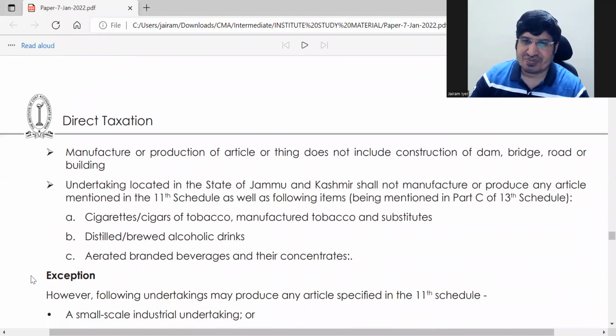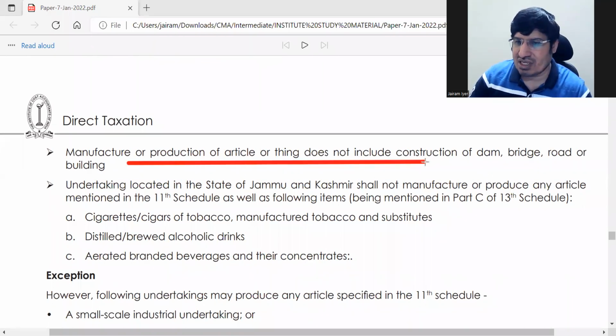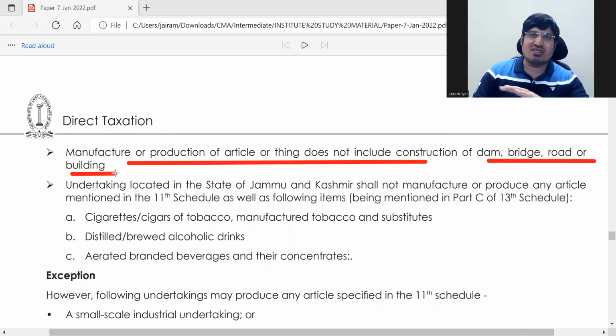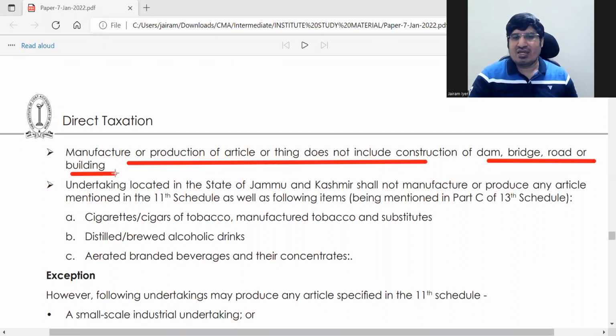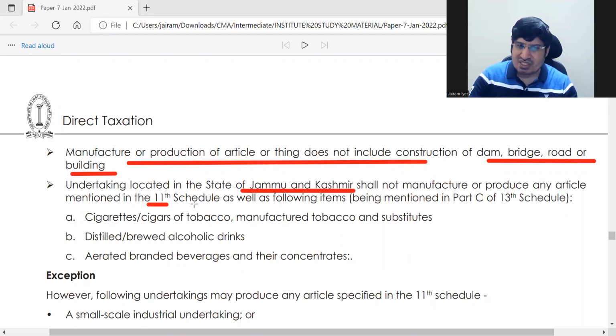Next, the point says manufacture does not include construction of dams, bridges, roads, buildings, all this infrastructure. These are all infrastructural things. Of course, we know that this section doesn't cover infrastructure. And for an undertaking in Jammu and Kashmir, it should not produce 11th schedule items as well as part C of the 13th schedule.